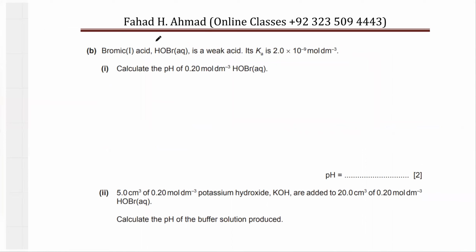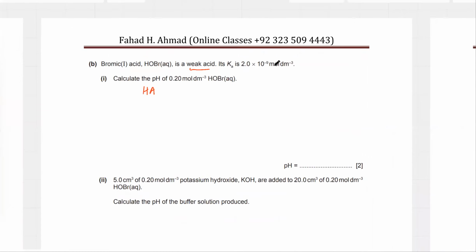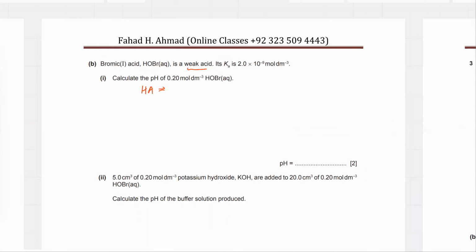So we've got bromic acid, HOBr, it's a weak acid, so calculate the pH. So now if you have just a weak acid, what was the formula of finding the pH? If you have HA ionizing to produce H plus 1 and A minus 1, the K expression is H plus 1 concentration into A minus 1 concentration divided by the acid concentration.